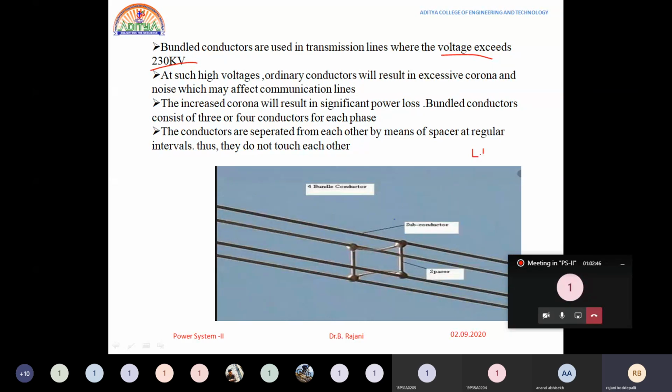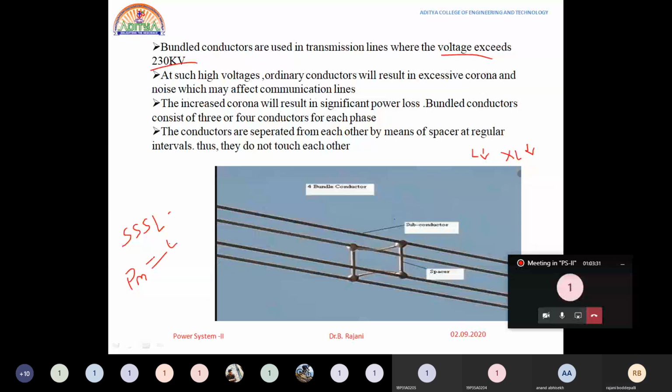This leads to XL, the inductive reactance, omega L, also decreasing. If omega L decreases, you will come across the steady state stability limit later on in the subject. The steady state stability limit is P max equals EV by X. If X decreases, what is the formula? P max is equal to EV by X.